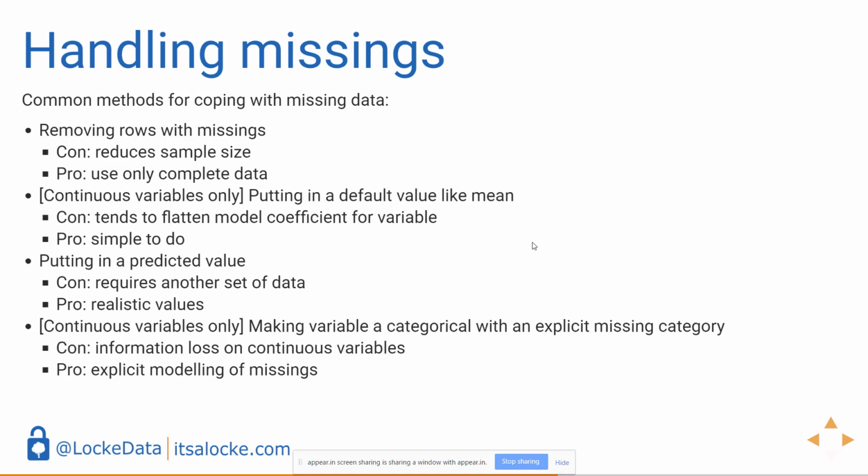And it also misses the fact that some missings could be for a systemic reason or give you information about the thing that you're trying to predict where it's missing. Missings themselves can be something worth modeling. With a continuous variable, you can do something like use the mean or the median.